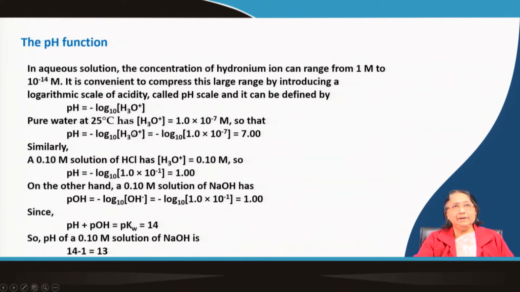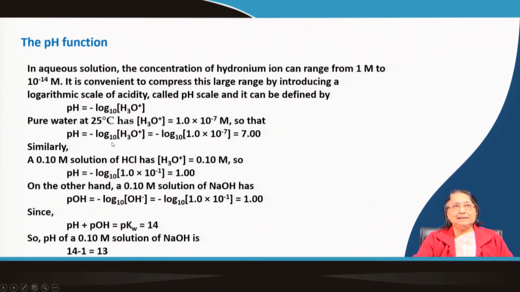But at 25 degrees centigrade, the H3O plus concentration for pure water is 1 into 10 to the power minus 7 molar, and pH therefore is 7. Similarly, a 0.1 molar solution of HCl has H3O plus equal to 0.1 M. So, pH will be minus log of 1.0 into 10 to the power minus 1, that is 1.